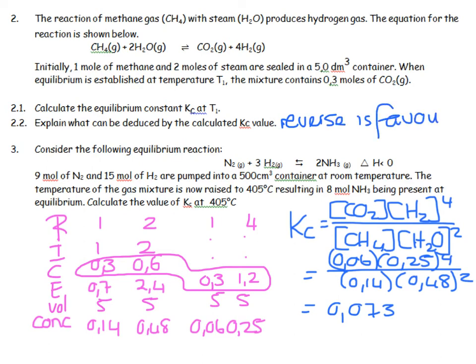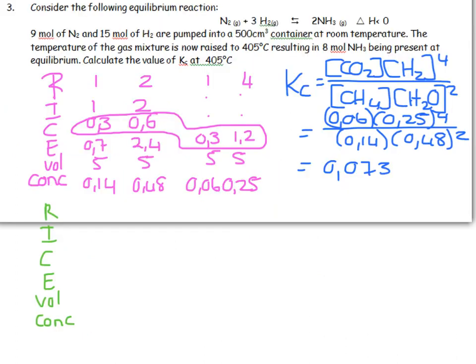Consider the following equilibrium reaction. Got all of that information given over there. And they want you to calculate Kc once again. So let's see how we can place that information. We have been given 9 moles of nitrogen, 15 moles of hydrogen, nothing of ammonia. The ratio is 1:3:2.